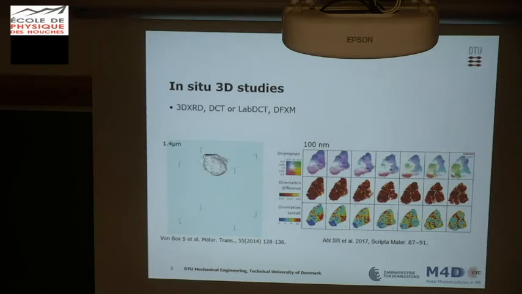It also contains some ultra-low angle boundaries. We can have a good resolution, submicron, and an angular resolution like 0.005 degree. But we can only focus on the recrystallized grains. We don't know what the surrounding matrix is.